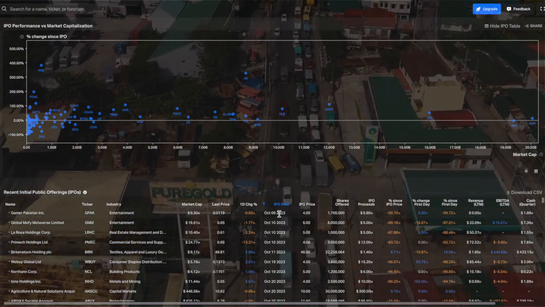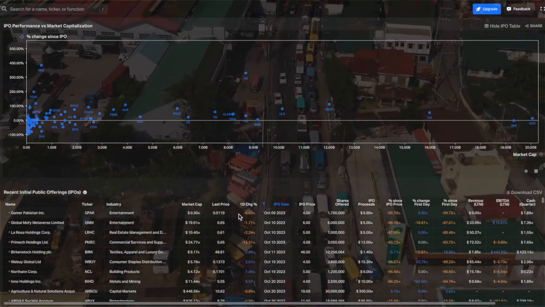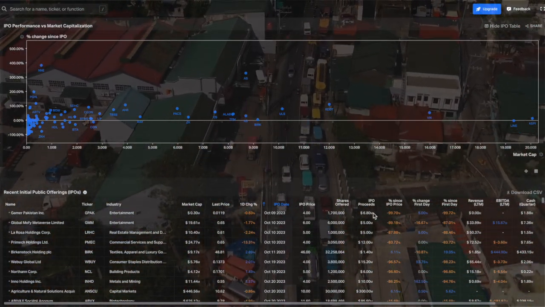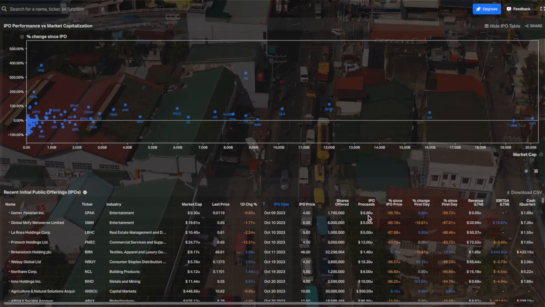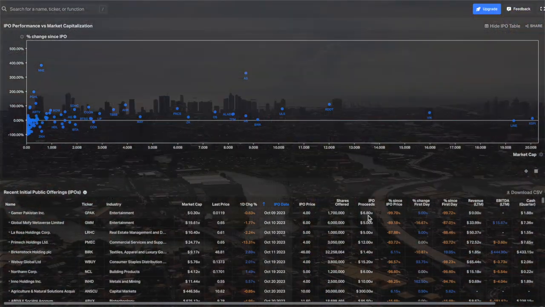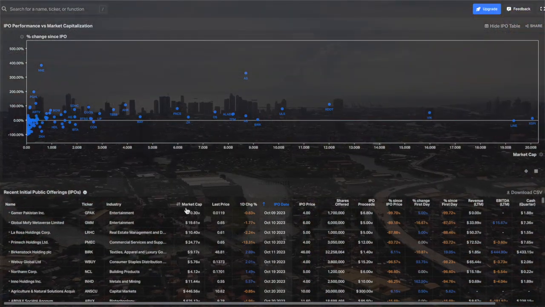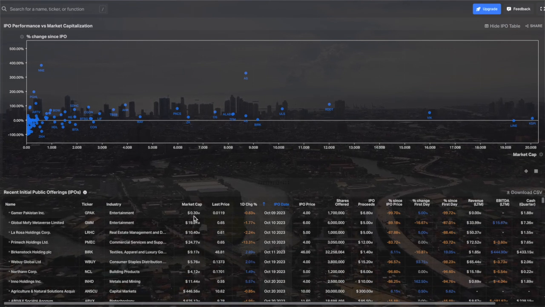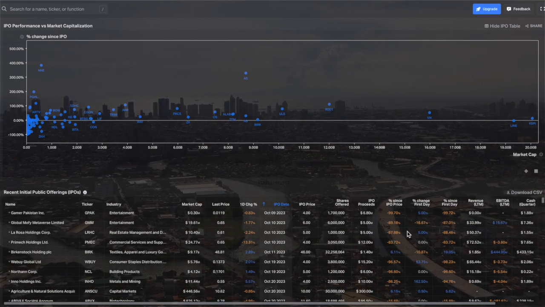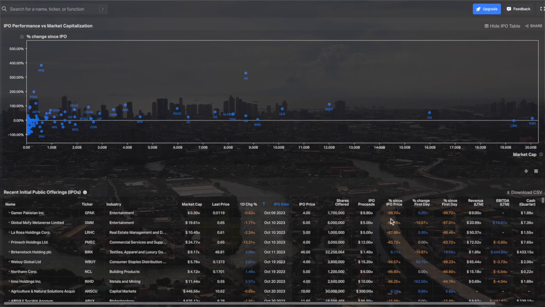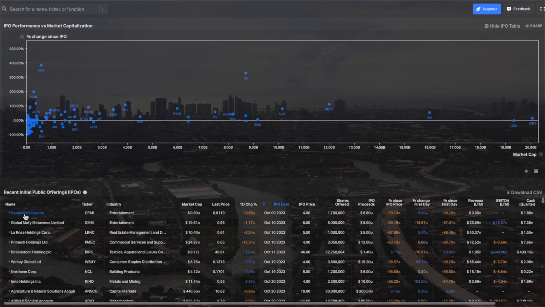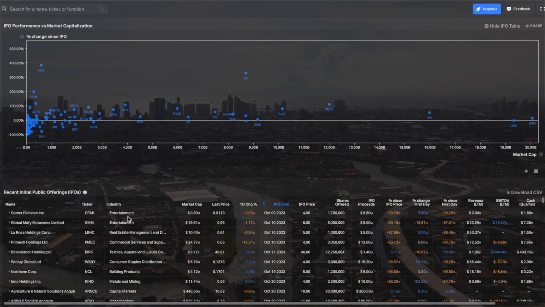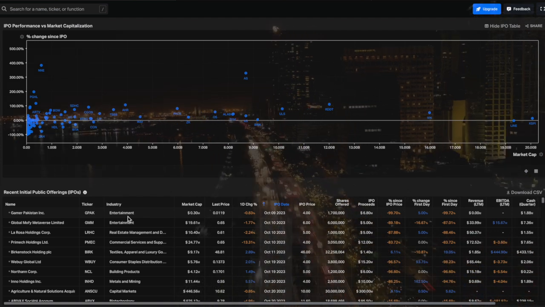We are October 5, 2024 right now. And so it started initially to raise $6.8 million, and right now that is worth 300 grand. So it lost basically everything, 100%. So Gamer Pakistan Incorporated, probably a quick cash grab.